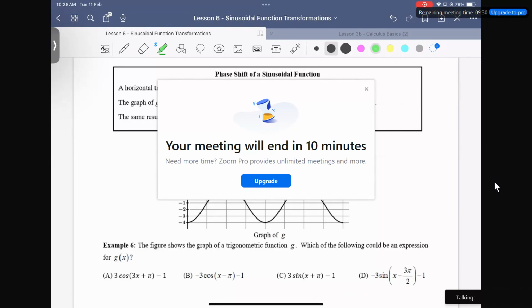So if C is a positive value, x minus C is going to move us to the right C units. If that bracket gets expanded, then the value of C will change. It'll be B times C that we might see, and that can be confusing. So that's where the confusion comes from a little bit. So for a phase shift, we need to move C units to the right.